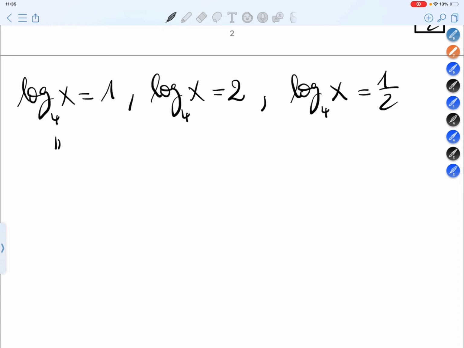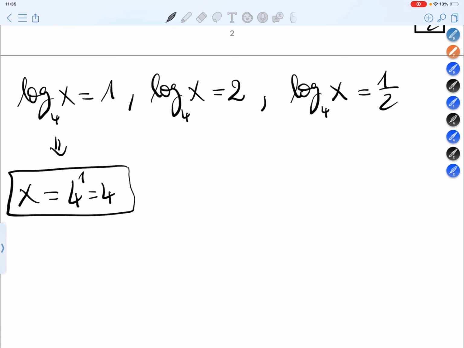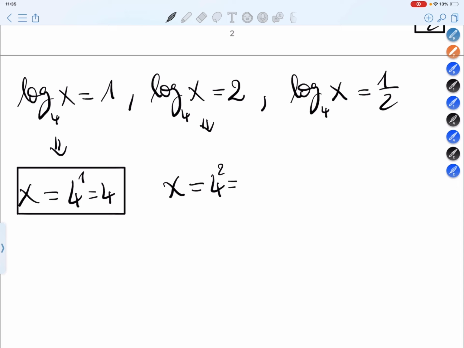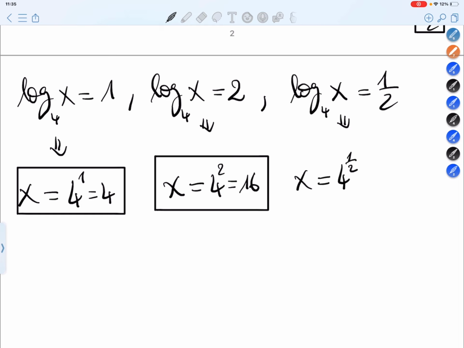So this implies that x would be 4 to the power 1, which is 4. So x is 4 is the first solution. The second solution would be x is equal to 4 squared, which is 16. Right? And the third solution would be x equal 4 to the power a half, which is square root of 4, which is 2.